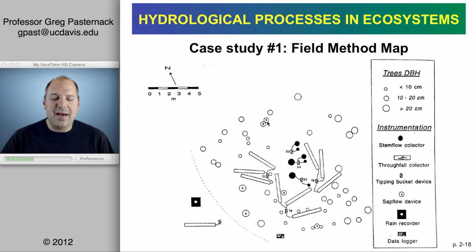And that's beyond the topic of this presentation, so I'm not going to worry about that right now. The main thing is that there's a canopy here, and they're measuring throughfall and stemflow by aggregating the flux from multiple trees or canopy areas to individual sensors.